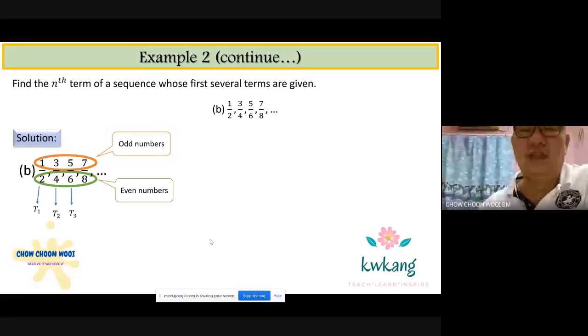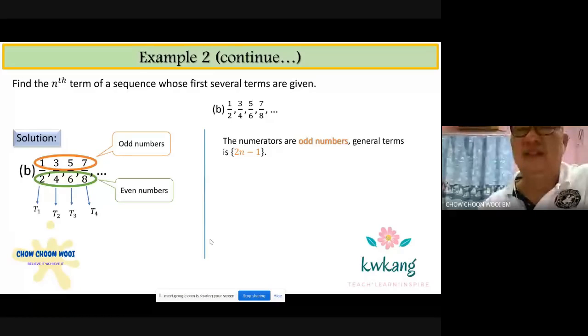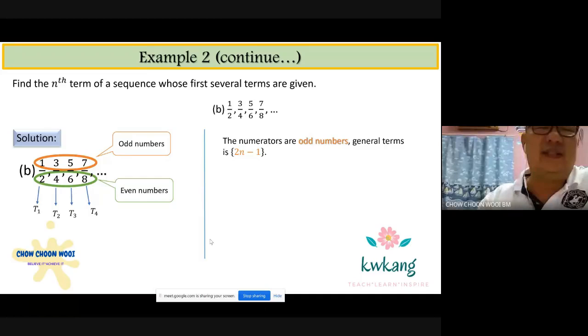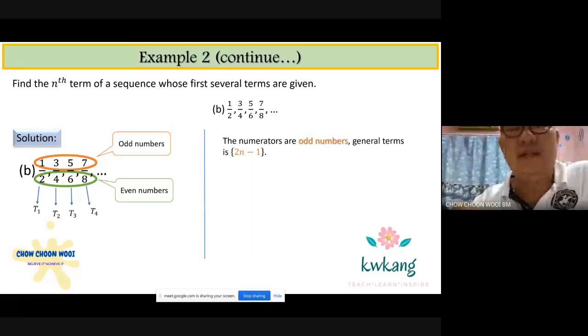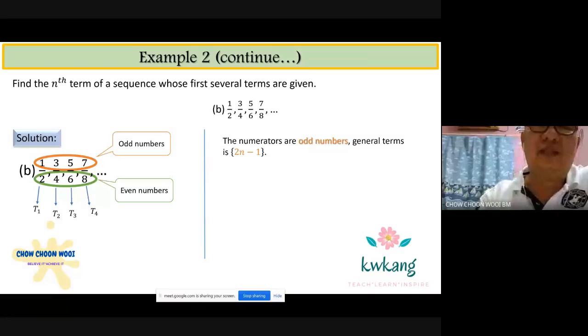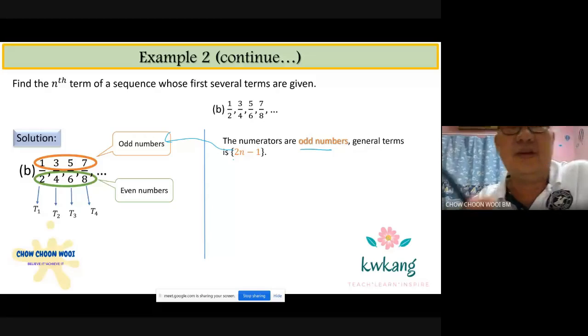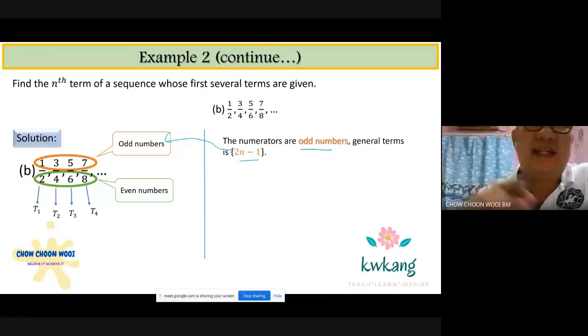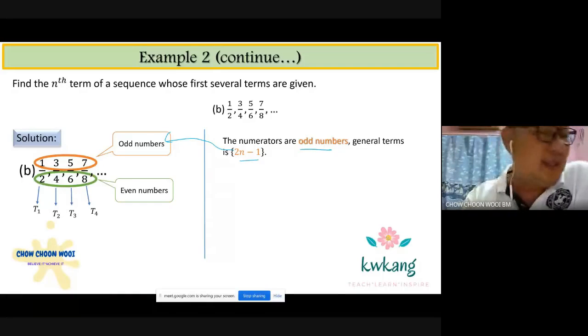What about Tn? The numerator are odd numbers. So the general term is 2n minus 1. Tadi kita dah bagilah general term is 2n minus 1. And this one is for numerator. Oh, bentuk odd numbers. Okay. You tengok color dia. Dia tally dengan color. Senang untuk kita nak rujuk.